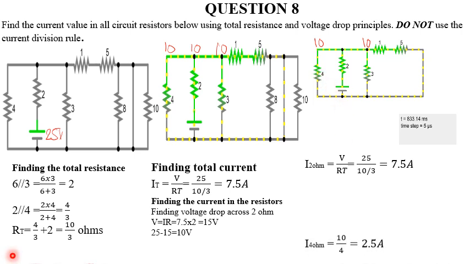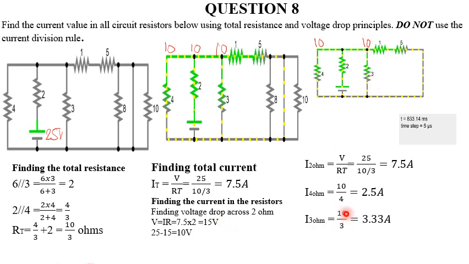So the current through the 4 ohm resistor is 10 divided by 4, which is 2.5 amps. And the current through the 3 ohm resistor is also 10 divided by 3, so the current through the 3 ohm resistor is 3.33 amps.